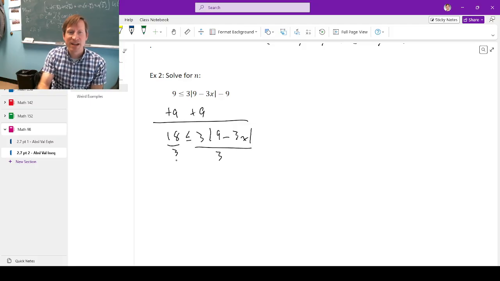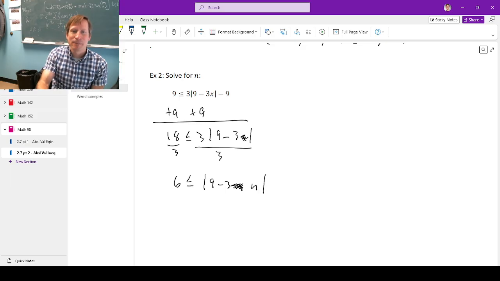All right, now divide both sides by 3 to isolate the absolute value. On the left-hand side, 18 over 3 is 6, less than or equal to. On the right-hand side, the 3's cancel down to 1, and we get the absolute value of 9 minus 3x. Oops, I'm writing x, but the variable is n. So absolute value of 9 minus 3n. All right, now we need to deal with the absolute value, and the absolute value is on the greater side of this inequality.